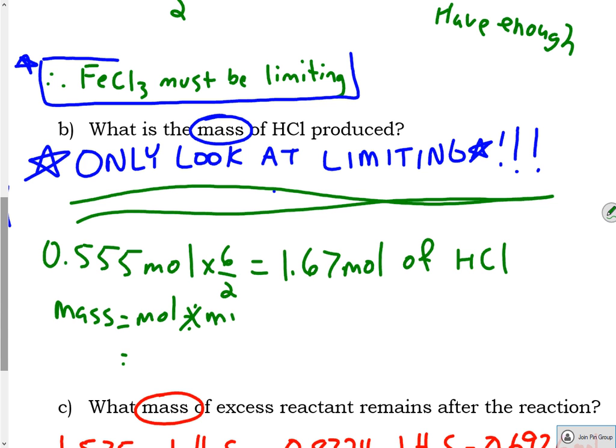I'm going to go my moles of 1.67 times my molar mass of HCl, which is just 36.4. So that's 60.6 grams.